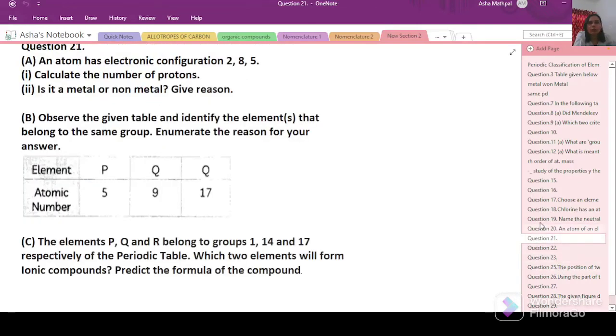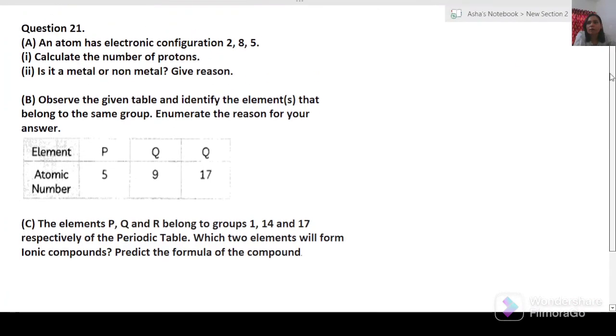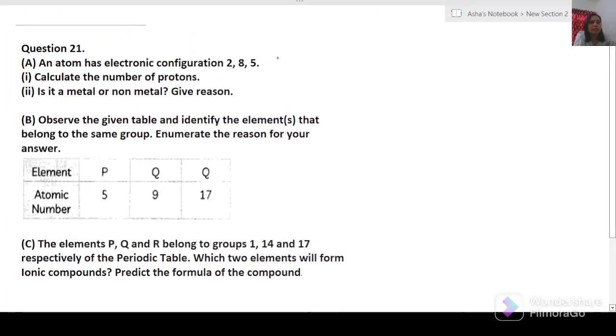Question number 21. An atom has electronic configuration 2, 8, 5. Calculate the number of protons. Electronic configuration always tells us the number of electrons. Number of electrons is always equal to number of protons. So if number of electrons is 2 plus 8, 10, 10 plus 5, 15, so the number of protons will also be 15.